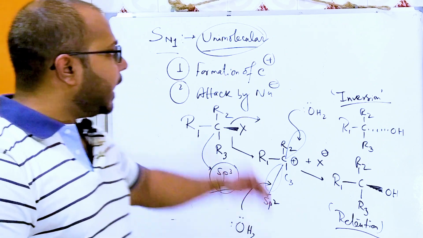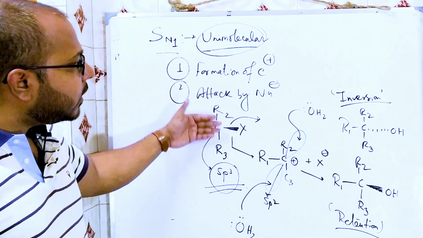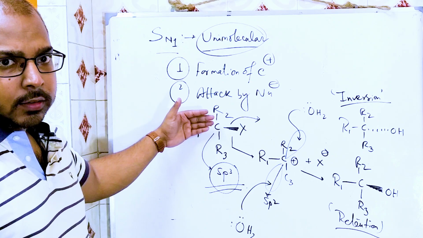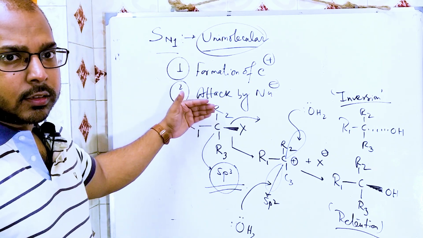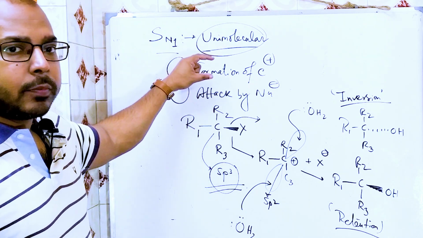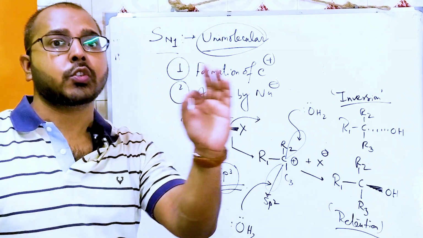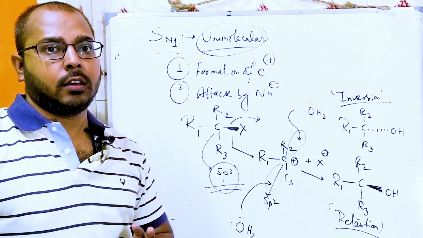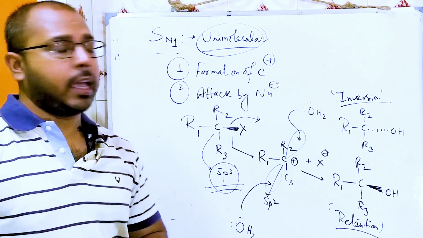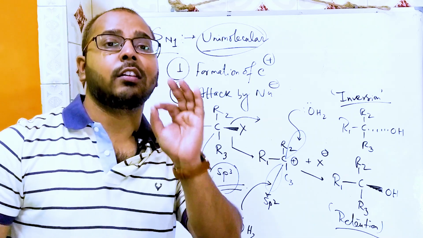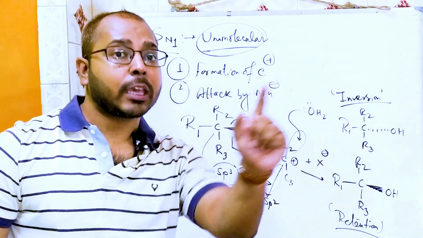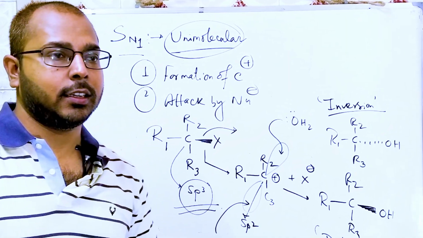Got it? And between these two steps, the first step is the slowest one. And the slowest step is known as the rate determining step. From chemical kinetics, you know that.